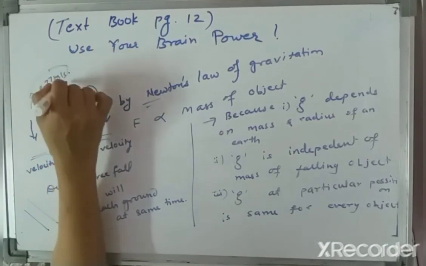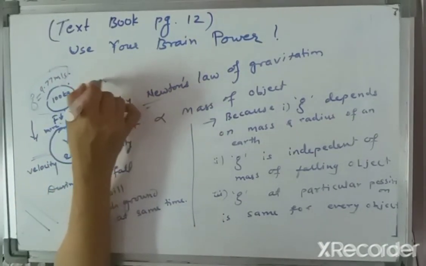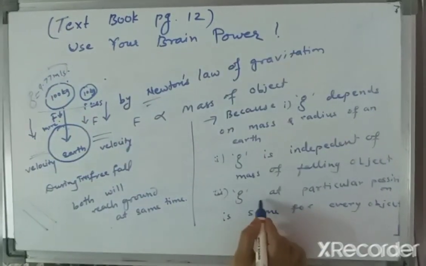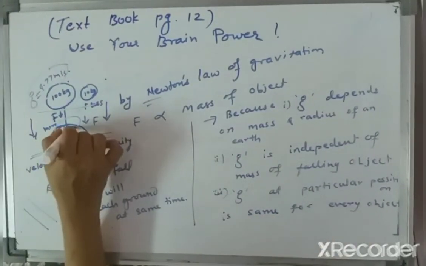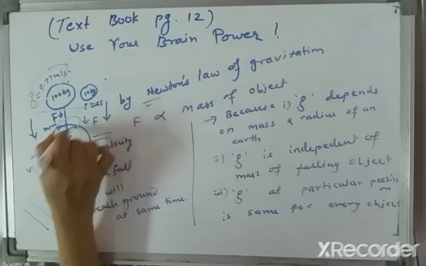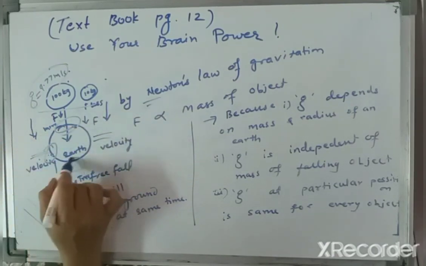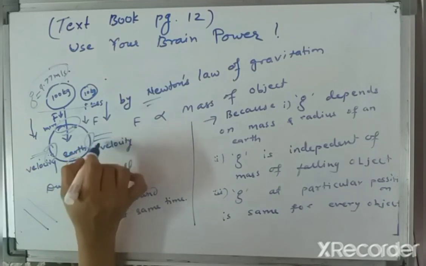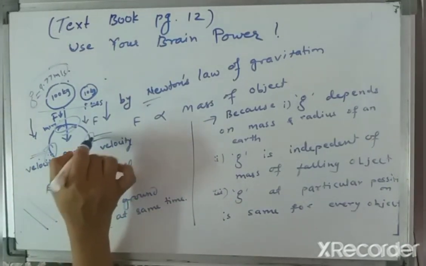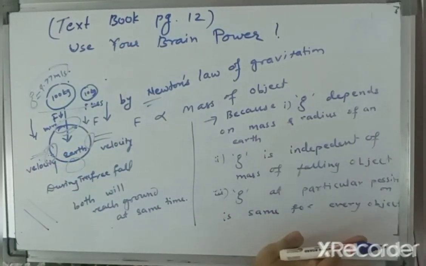For elephant also it is same and for kiwi also it is same. Means acceleration due to gravity at a particular point is the same on both.